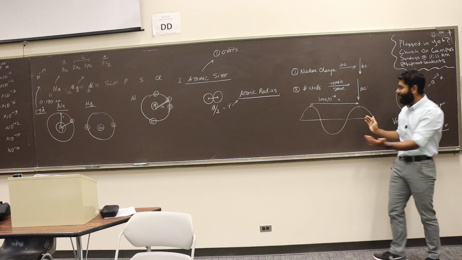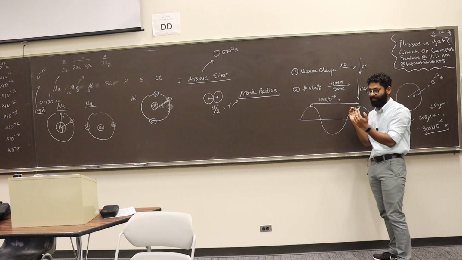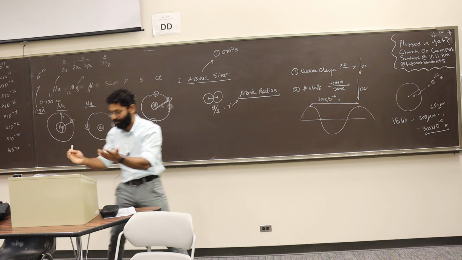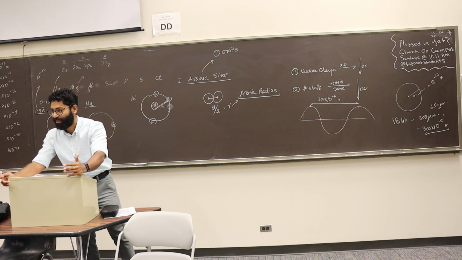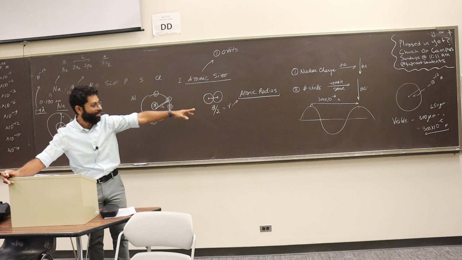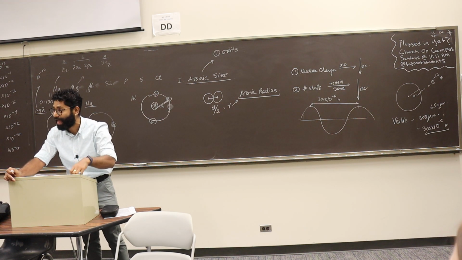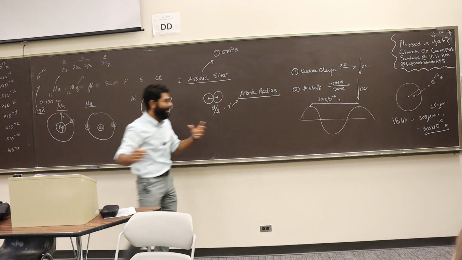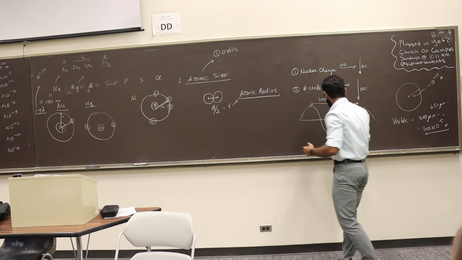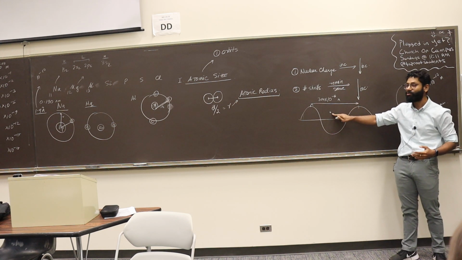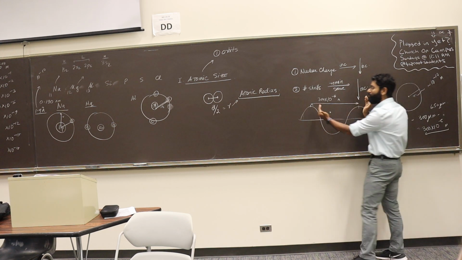Anything bigger than this wavelength, obviously, the dimensions are bigger than 300 into 10 to the power minus 6, and visible light can interact with this. If things are really small, visible light will not be able to interact with things smaller than that.